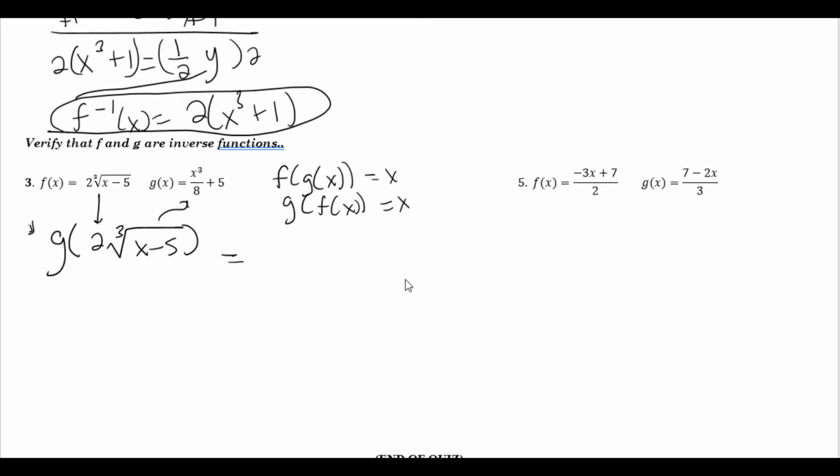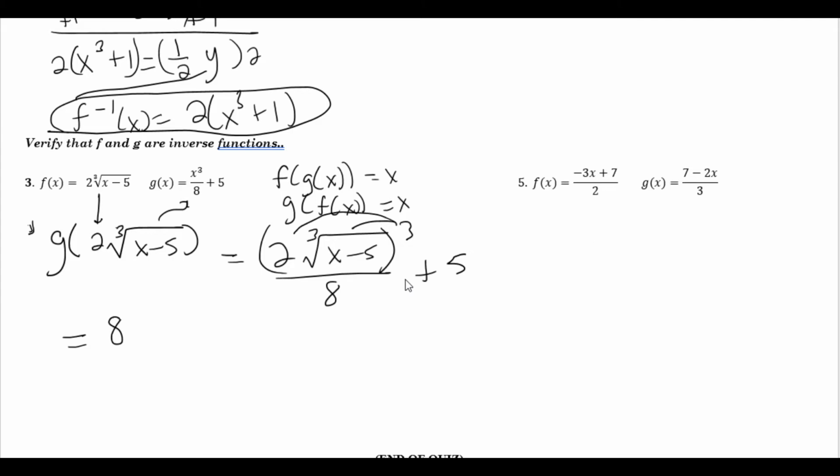So we have x cubed, so that gets replaced with that, and it's cubed. So that's x cubed, and then over 8 plus 5. So distribute the power, okay? So the cube and the 3 cancel, and then you have 2 to the third, which is 8, and then the cube root cancels for this guy.